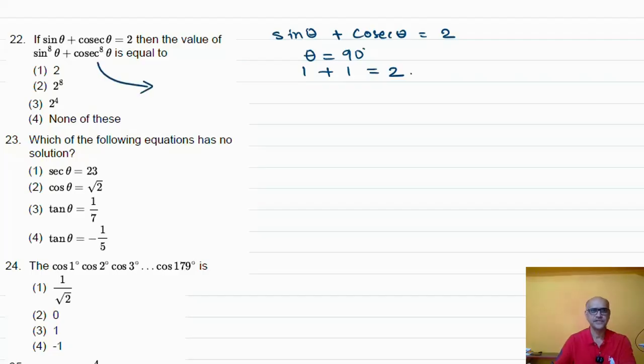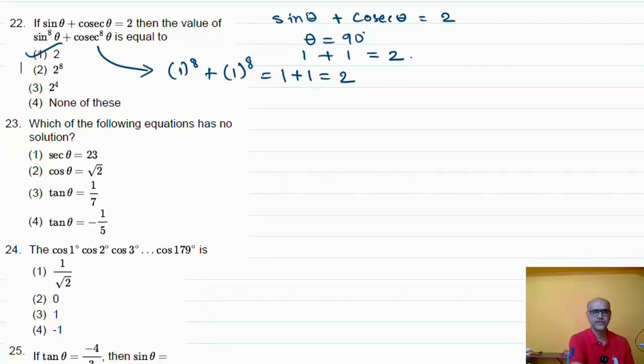Now substitute in this expression: sin to the power 8 theta plus cosec to the power 8 theta becomes 1 to the power 8 plus 1 to the power 8. 1 to the power 8 is 1, so 1 plus 1 is 2. So 2 is our answer, that is option 1. It's the second method. The first method, in the 10th problem, was squaring. So this is another method which you can use. Clear? Next.